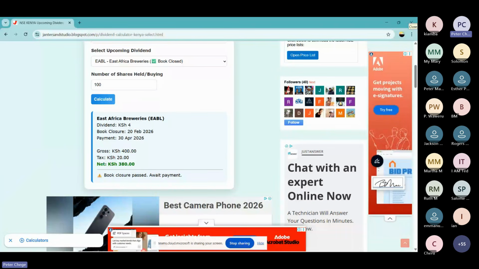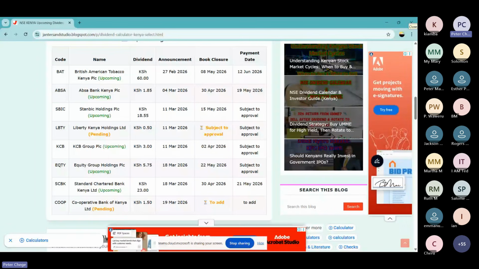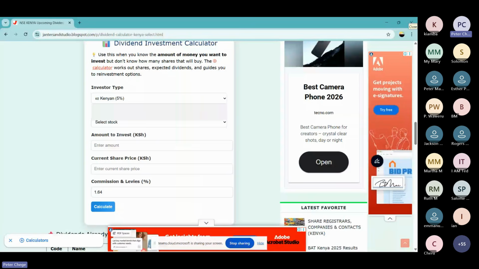But down there you have the list of the active dividends, with the dividend amount, the time it was announced, book closure, and the payment day. Then below that you have another investment calculator, with the same settings, but this one can help you if you're buying BAT and you want to put in 100,000 and know the number of shares you can easily buy.